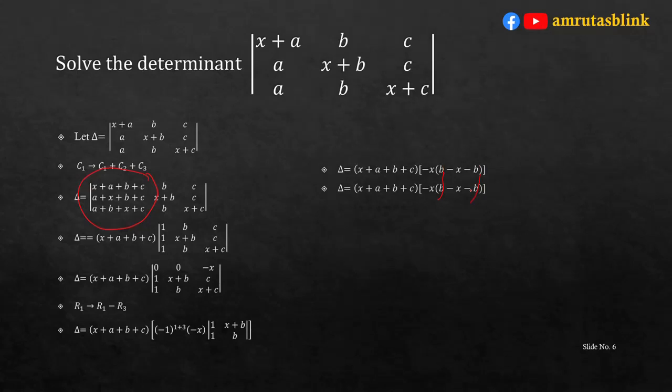So, we will have delta is equal to x + a + b + c into x². So, the value of the determinant x + a, b and c; a, x + b, c; and a, b, x + c is equal to (x + a + b + c) into x².